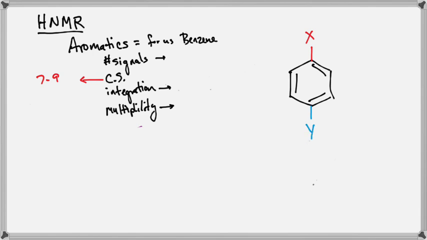What do we have? Why do you only have 2 signals? Don't answer, not you.